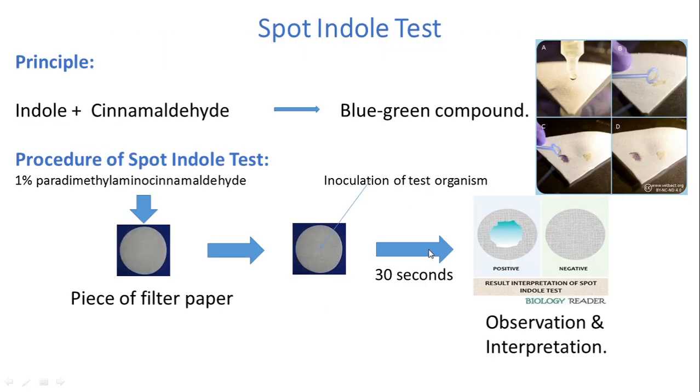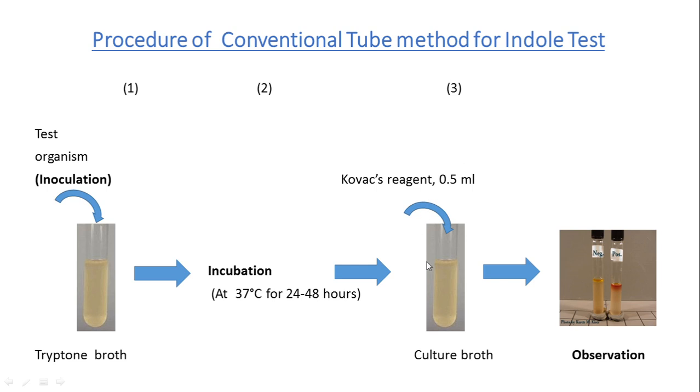After that, add 0.5 ml Kovac's reagent to this culture broth, that means the culture medium containing the microorganisms. This results in a color change if the organisms have tryptophanase. Within a few seconds you may observe the color change, that is a red color ring at the surface of the medium. If the organisms do not have the enzyme tryptophanase, then they cannot produce indole and there won't be any color change.